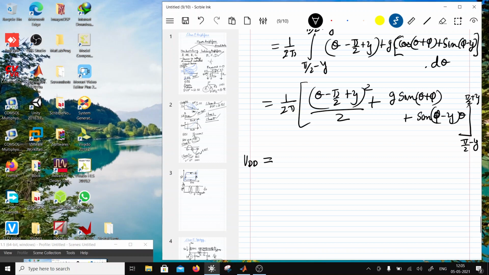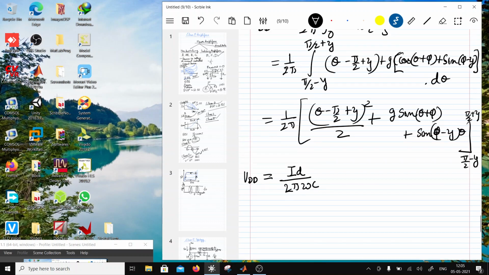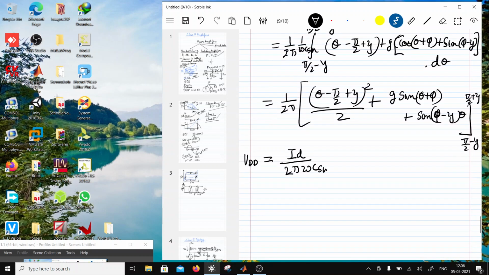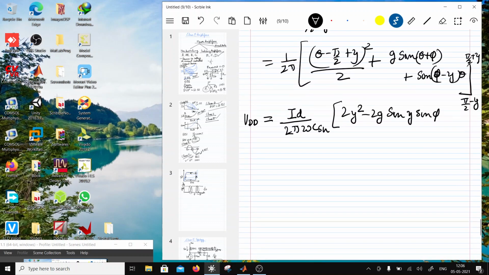V_DD equal to I_D over 2 pi omega C. Okay, we forgot about omega C here, so this is 1 over omega C_SH. So it is I_D over omega C_SH times twice y squared minus twice G sine of y sine of phi, I have broken that, right?